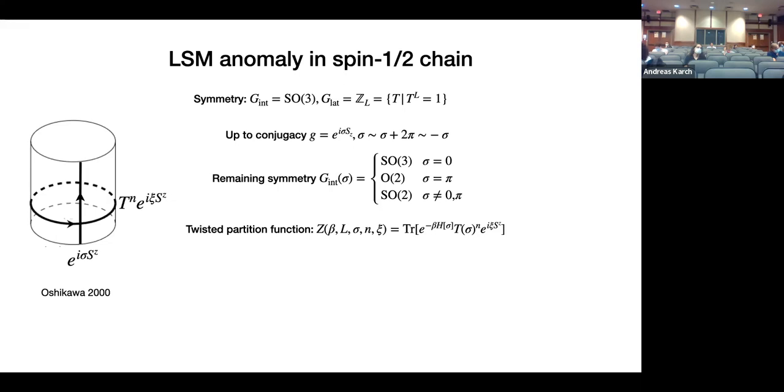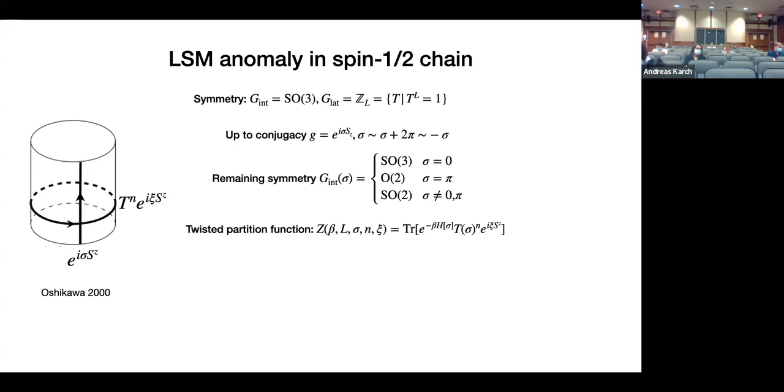We can now play this game, putting all of this in the time direction and also putting a translation operator in the time direction. We can think about, for example, this twisted partition function, where we have a sigma twist in the spatial direction, but we insert, for example, T to the nth power.